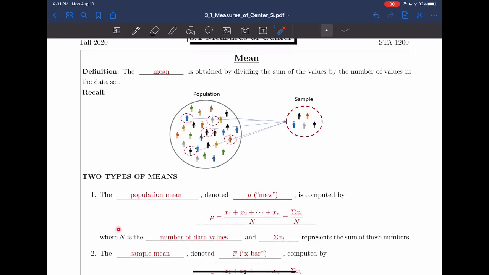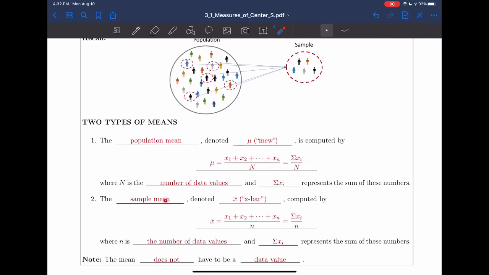Here's a note: n is just the number of data values or observations, and this summation symbol, a fancy E that is another Greek letter, just represents the sum of all the numbers. It symbolizes take the sum of all the numbers in your data set.